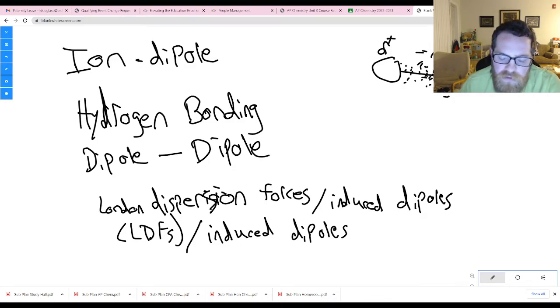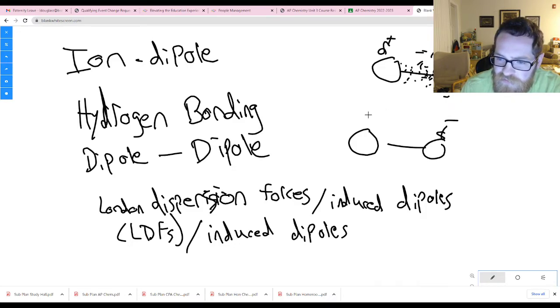How does this affect intermolecular forces? Well, let's just say this was some sort of two atoms bonded together, and it's a dipole. So we have a negative, we have a positive.